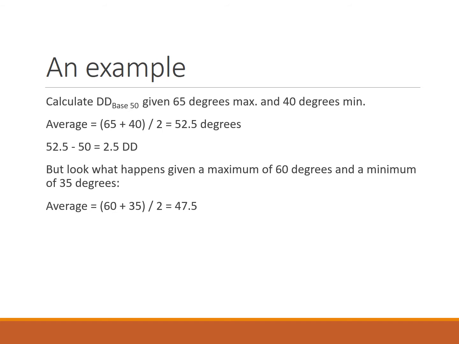We're taking an average, so we divide by 2, and that leaves us with 47.5. Now we have to subtract our base temperature from 47.5. But look what happens. Now we have a negative number. So our answer is minus 2.5 growing degree days. A negative number such as this one would be recorded as a 0 when you record growing degree days.